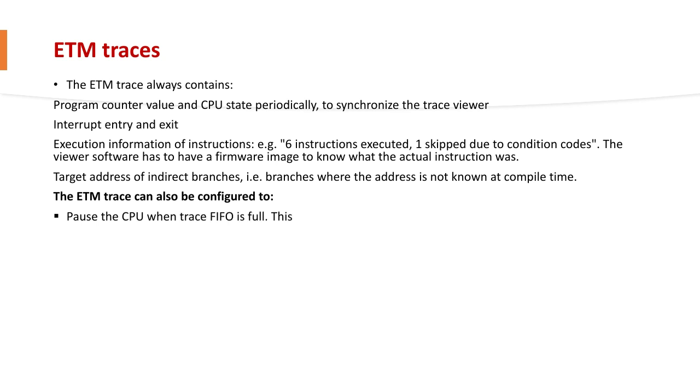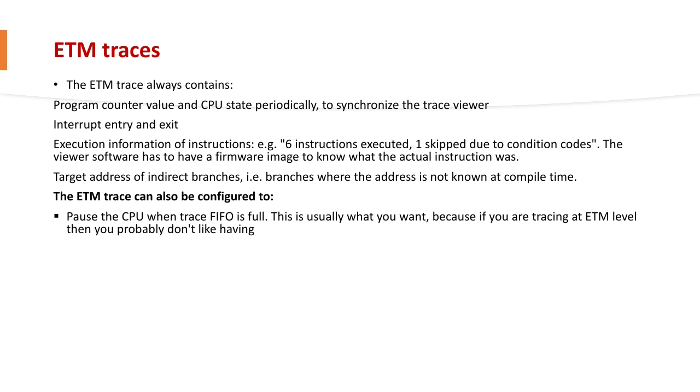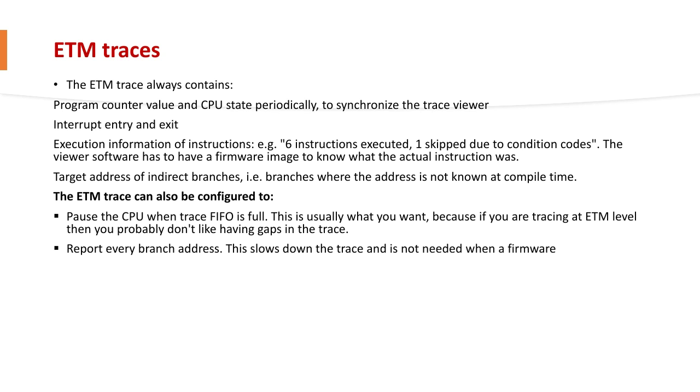This is usually what you want, because if you are tracing at ETM level, then you probably don't like having gaps in the trace. Report every branch address: this slows down the trace and is not needed when a firmware image is available. Report data values: this could be quite useful but is not supported by the Cortex M controllers.